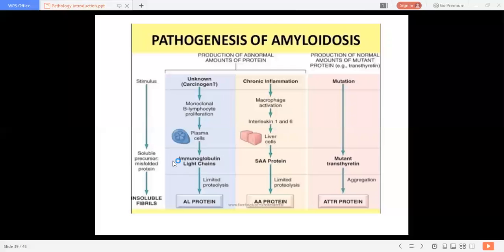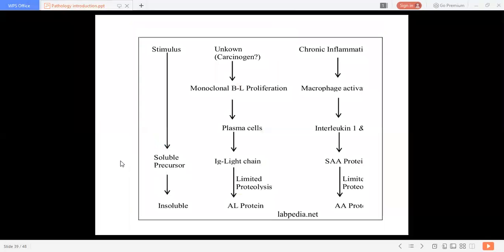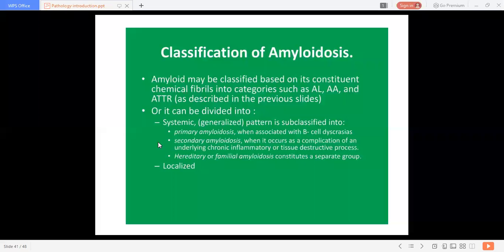The next part we are going to study is classification of amyloidosis. See here in this particular chart, it is again given for the stimulus and all the things which we just discussed about the pathogenesis of formation of AL amyloid and AA amyloid.